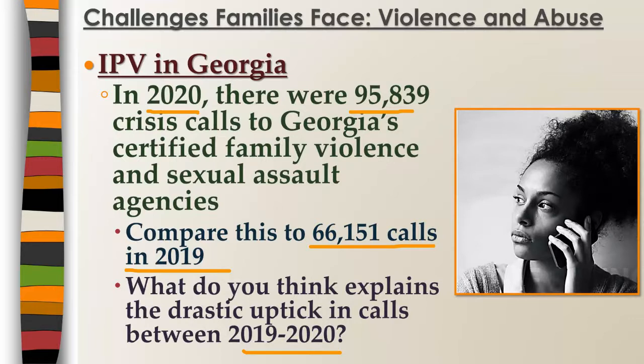Right? What happened in 2020? We had COVID, we had lockdowns, we had unemployment rising, people stuck in their houses with children, with their wives, with their husbands. And then we had almost a third of an uptick in calls to our Georgia hotlines.